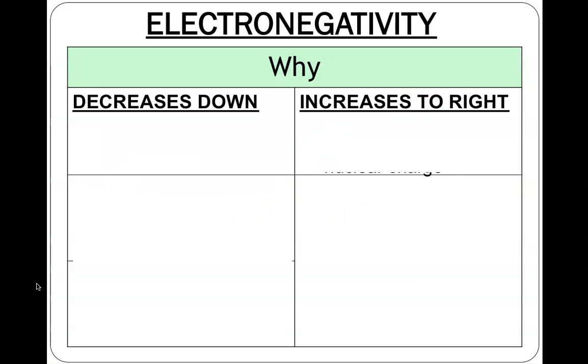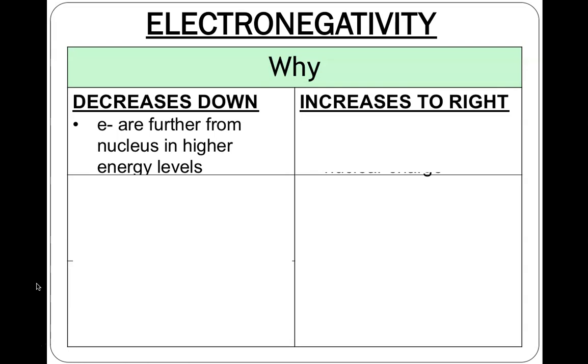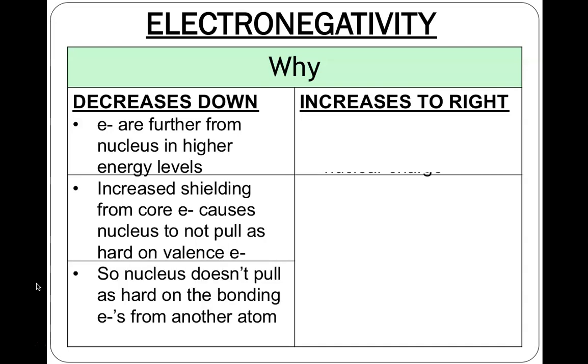All right, so why? What's going on with electronegativity? Well, when you go down a group, we know the radius is larger. Therefore, electrons are in higher energy levels, and they're further from the nucleus. Which also leads us to increased shielding from those core electrons. There's less of a pull from the nucleus to the valence electrons.